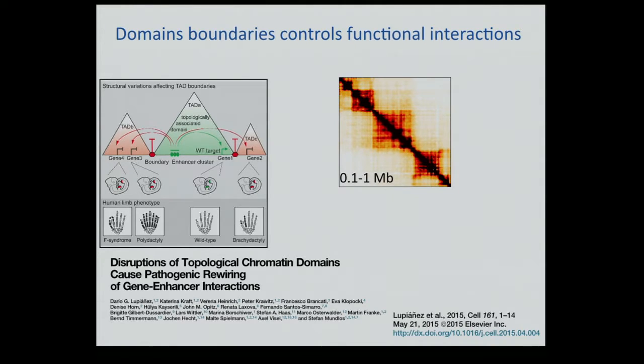And what was shown by the group of Stefan Mundlos is that removal of this element in mice leads to activation of these genes by an enhancer located in another domain. So essentially, enhancers start talking to these promoters if they're not properly insulated. That's practically the cartoon picture that I showed you before, and they've seen similar things with other domains, and they fully reproduce this phenotype in mice.